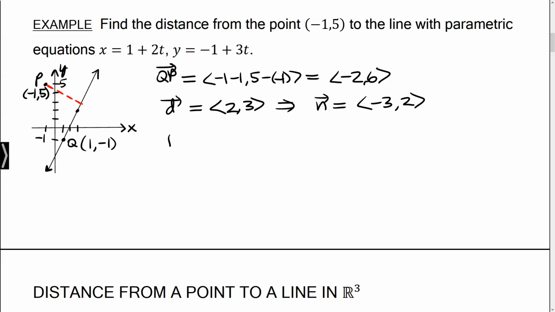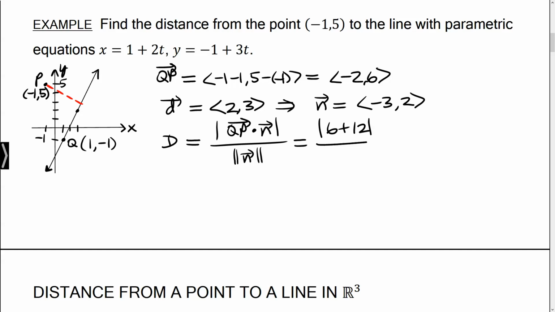QP, we've got n. Now we can plug in and find the distance. So it's the absolute value of QP dotted with n, all divided by the norm of n. So QP dotted with n, negative 2 times negative 3 is going to be 6, plus 12, 6 times 2, all over absolute value of n, so the norm of n is going to be square root 9 plus 4.